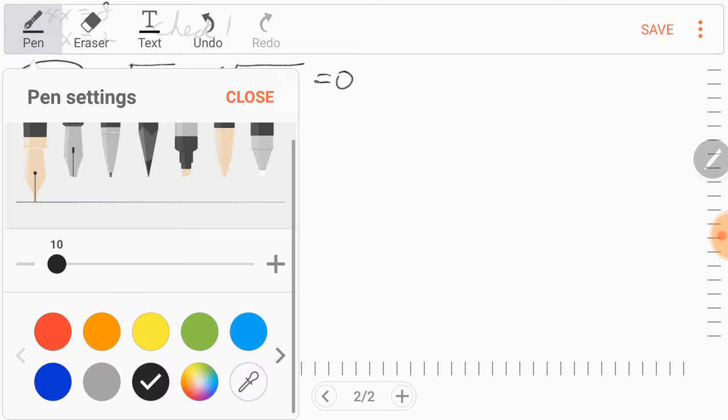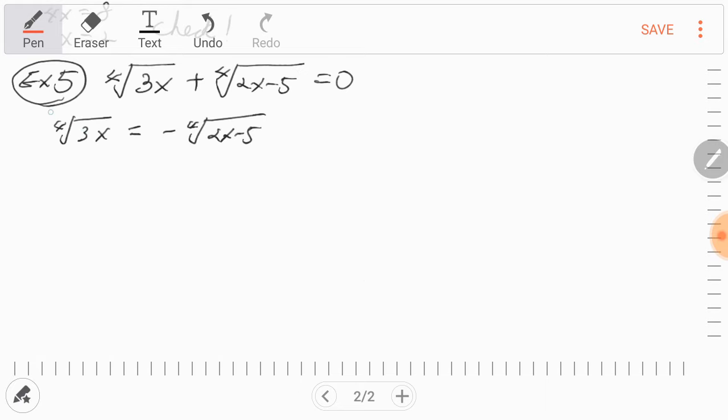And then we can raise each side of the equation to the 4th power because the index is 4. Then the left side is 3x is equal to, this negative is multiplied 4 times, so it will become positive, 2x minus 5. And then minus 2x each side. So x equals negative 5.